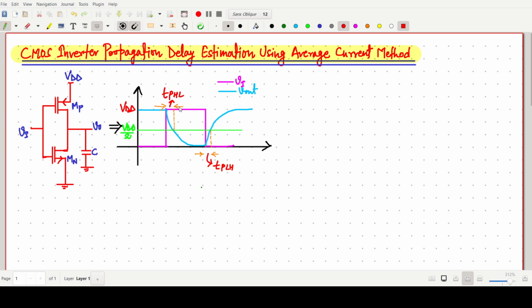So how do we evaluate tau PHL? Now I am making a circuit for when the capacitor will discharge. At what time will it discharge?